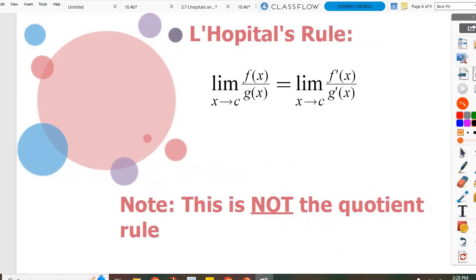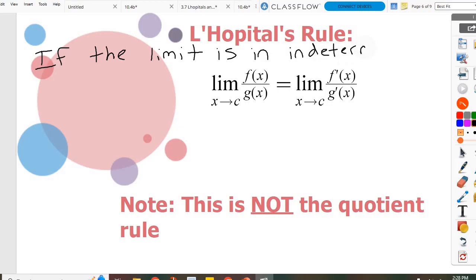So, what L'Hôpital's rule tells us is if the limit is in indeterminate form, then the limit as x approaches c of f of x divided by g of x is equal to the limit as x approaches c of f prime of x divided by g prime of x.